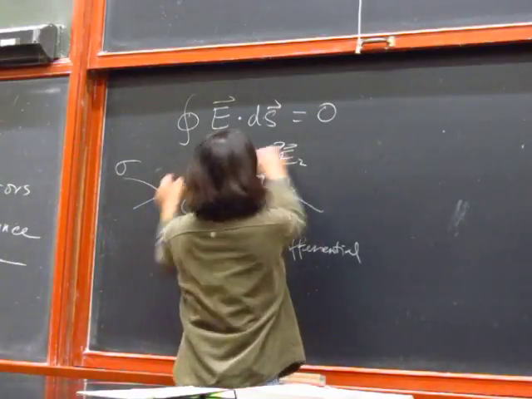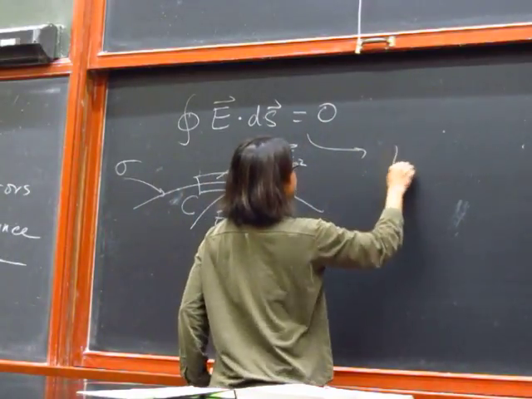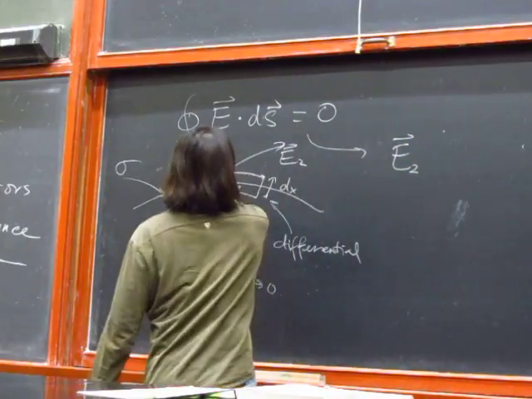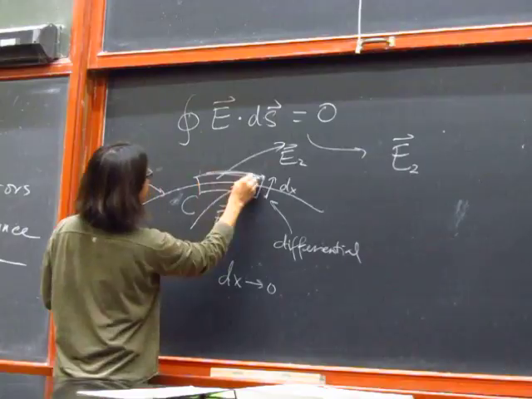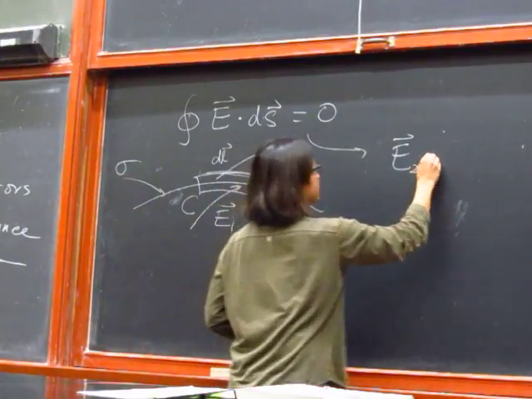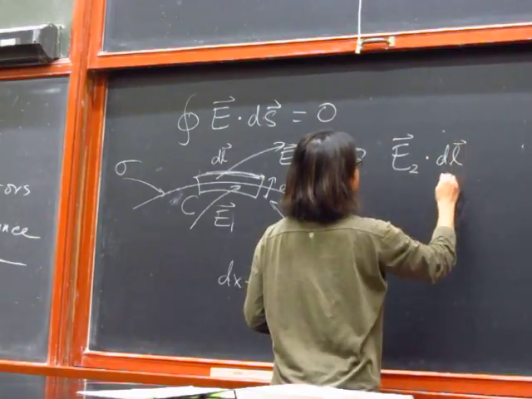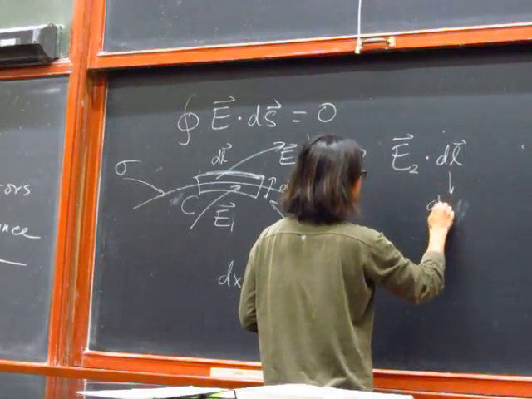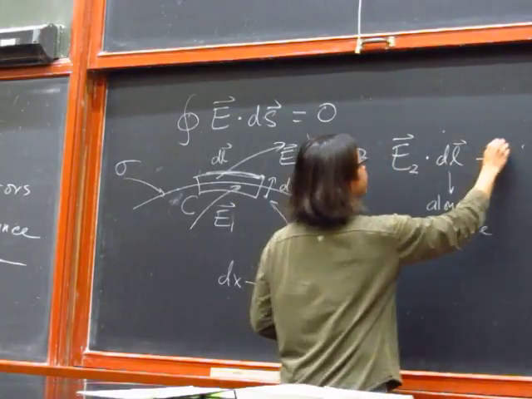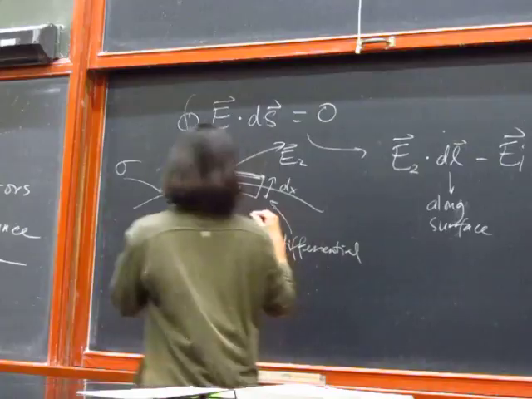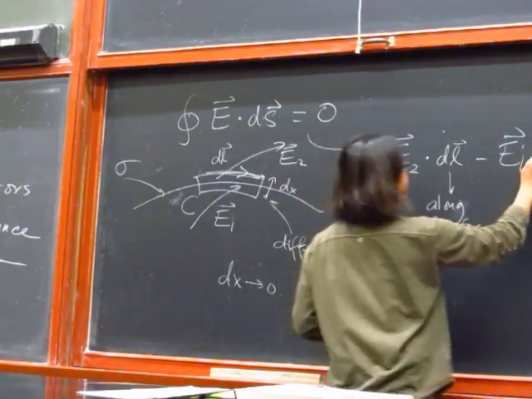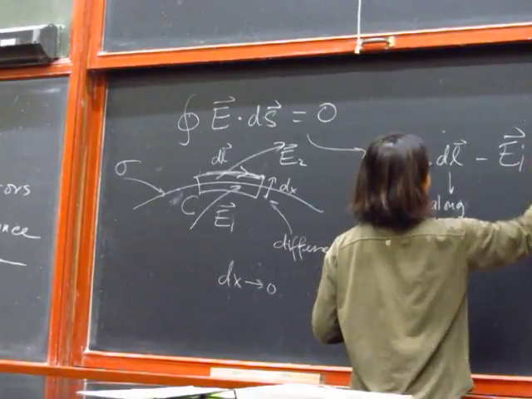Then this line integral becomes E2 times this length here, let's call this length dl, along the surface, minus E1, because I'm going in the other direction, but it will be the same dl.